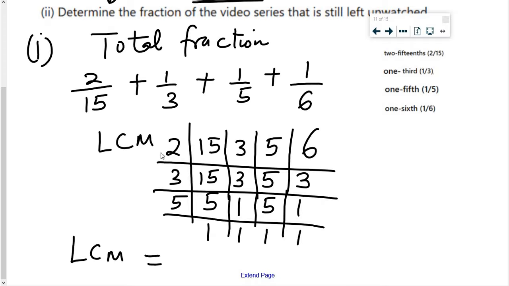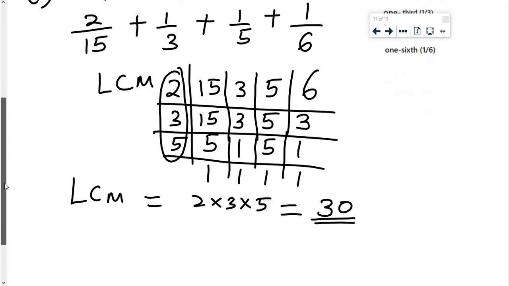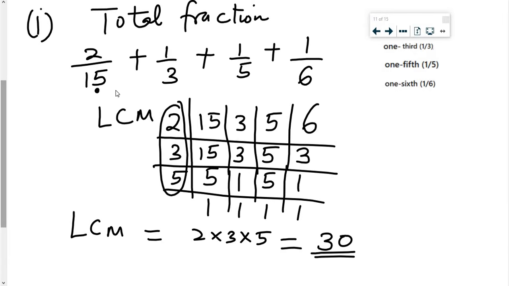LCM will be equal to these numbers multiplied: 2 into 3 into 5, which gives you 2 into 3, 6 into 5, 30. So the LCM is 30.